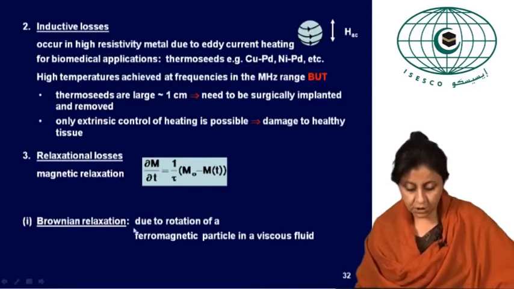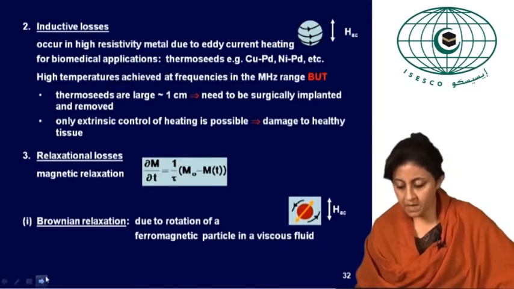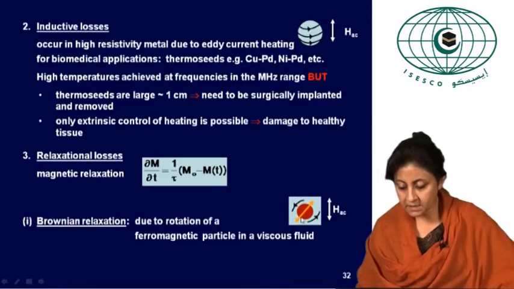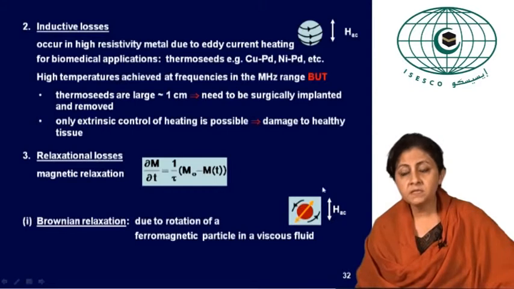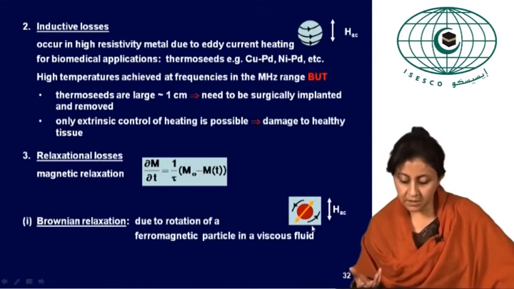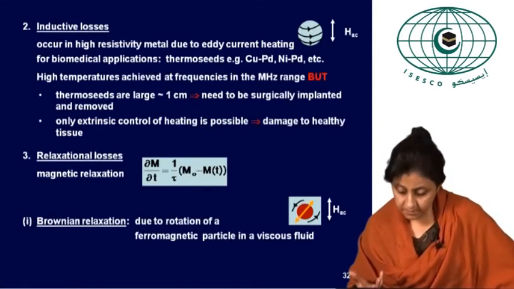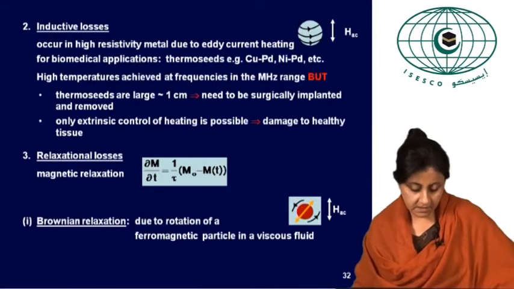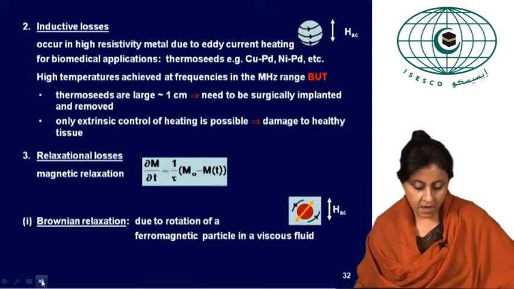The Brownian relaxation occurs due to rotation of a ferromagnetic particle in a viscous fluid. So if I have a ferromagnetic particle, it is magnetized. If I place it in an AC magnetic field, then it will rotate, and its physical rotation will generate friction in a viscous fluid, and this generates the heat which can be used for hyperthermia.